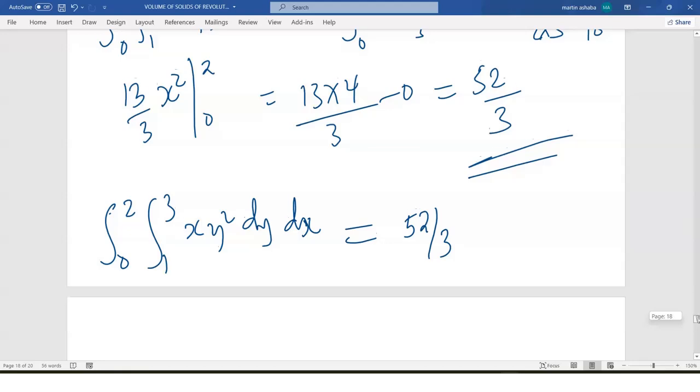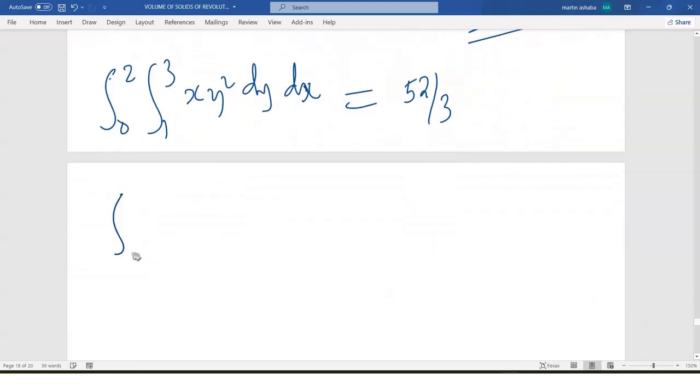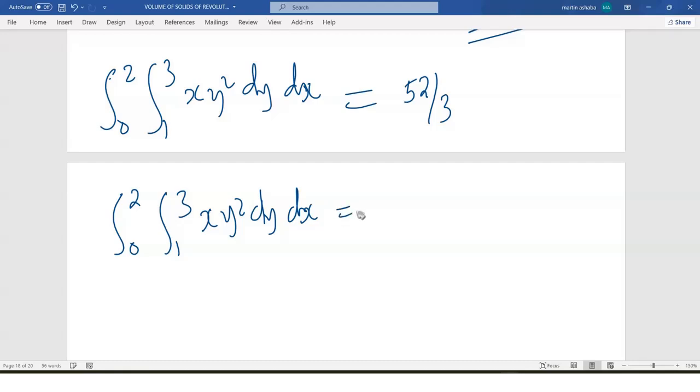But we also have to understand that the integral from 0 to 2, 1 to 3 of x y squared dy dx is the same as integrating in the other order. Now remember, the outer integral corresponds to x, and the inside one corresponds to y.